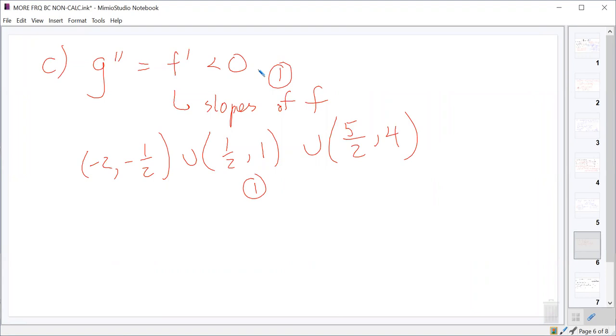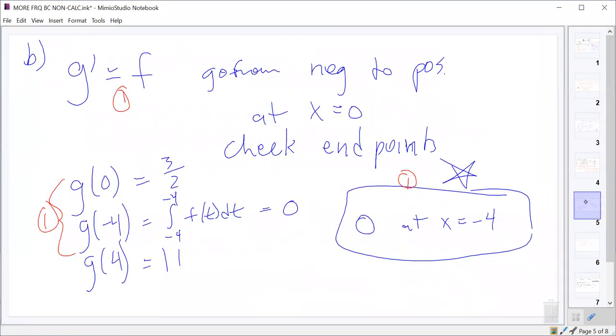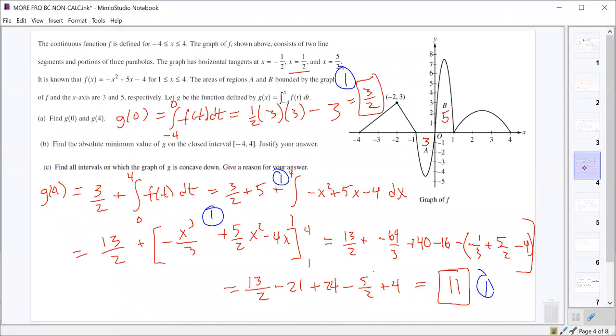Any issues with part C or questions on part C? Could you go back to the previous slide? I wanted to ask about the interval. At -1, isn't that technically like a sharp corner? Yes.